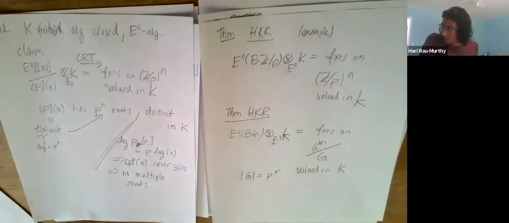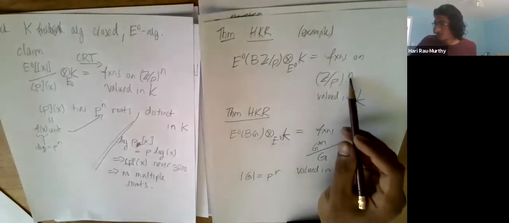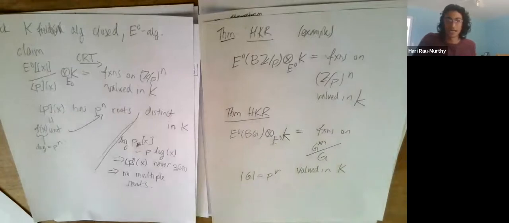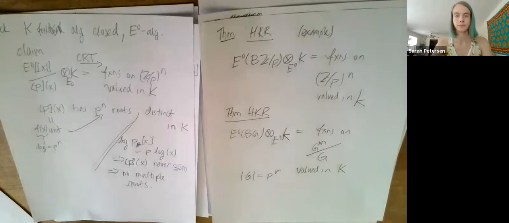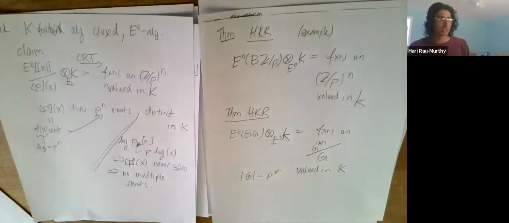So the fact that it goes to two characters instead of one character, two characters are functions on Z mod P to the 2, shows that it sees some of the genuine equivariant information inside Tate K theory. Yeah, I think I'll stop there.